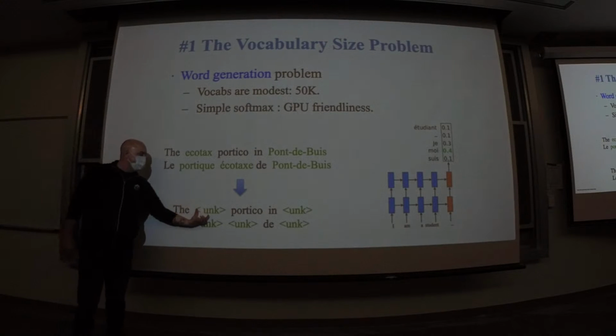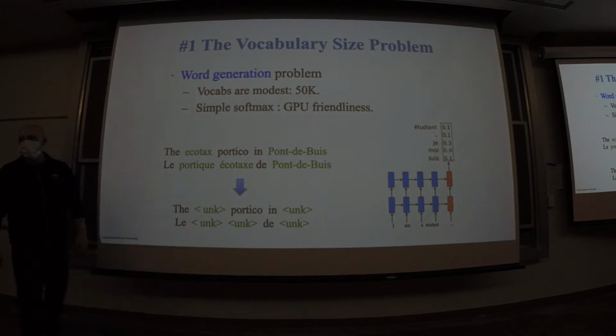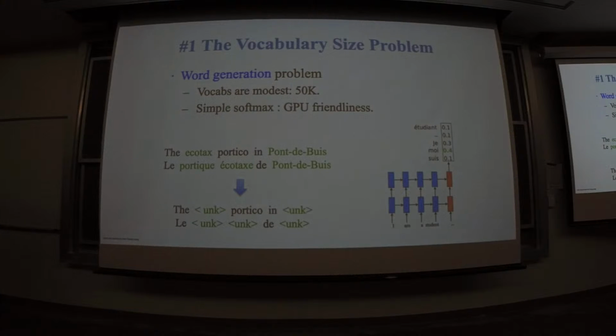If it's rare in one language, it's probably going to be rare in the other language. Names are a particularly obvious one. We're not going to have those as tokens. Or place names, things like that. But that can't be the only solution, because that doesn't help us. We seem to be losing information.